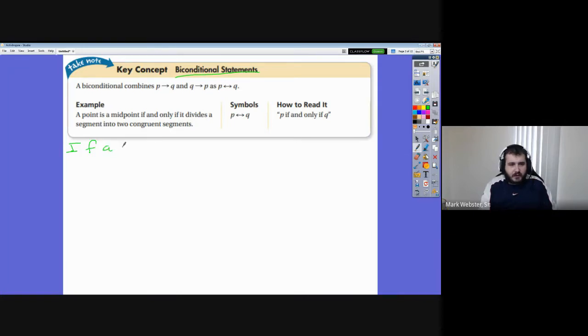If a point is a midpoint, then it divides a segment into two congruent segments.